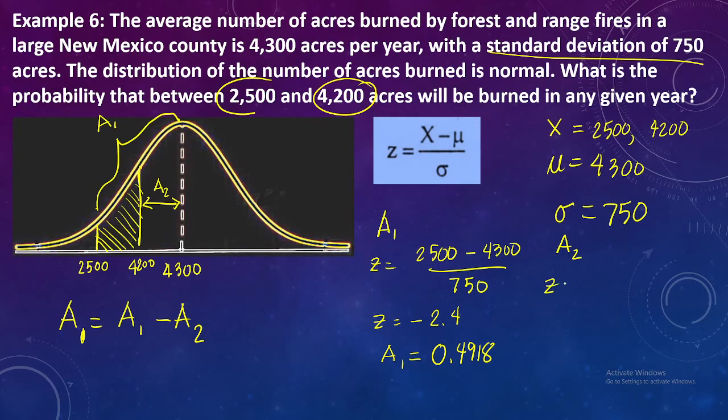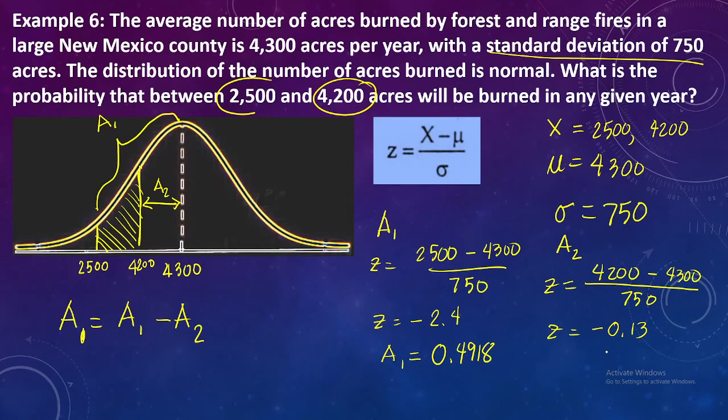Go to area number 2. This time, our z will have an x of 4,200. 4,200 minus 4,300 divided by 750. 4,200 minus 4,300, that's negative 100, divided by 750 will give us 0.13. So the z is negative 0.13.